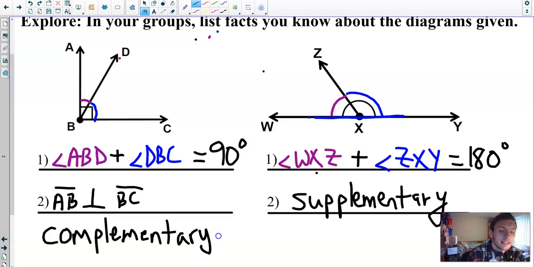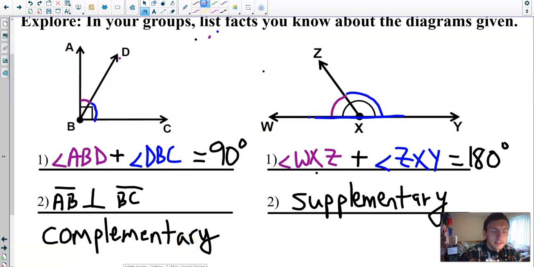Those are 2 words that are easily mixed up because they look similar, and until you get super familiar with them, they're easy to mix up. For me, complementary comes first in the alphabet compared to supplementary, so for me this is the smaller one. I know that one of them is 90 and one of them is 180, so I remember that this one's smaller.